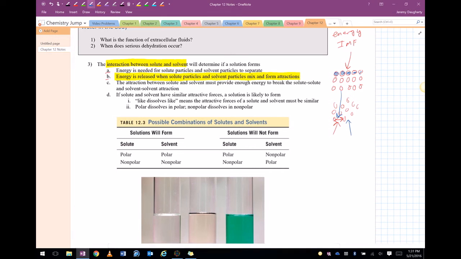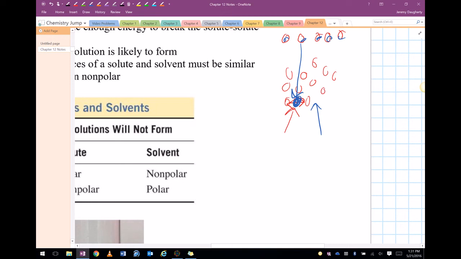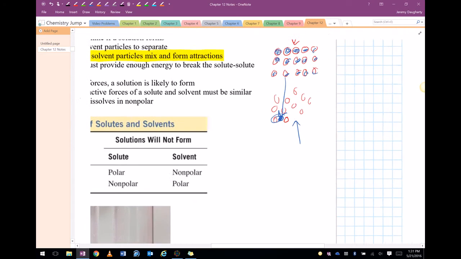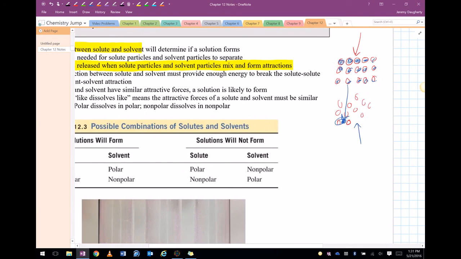So let's go back to our idea of the solute. When that solute actually gets between these particles, let me zoom this in a little bit, there is a force of attraction that forms, and that gives off energy.